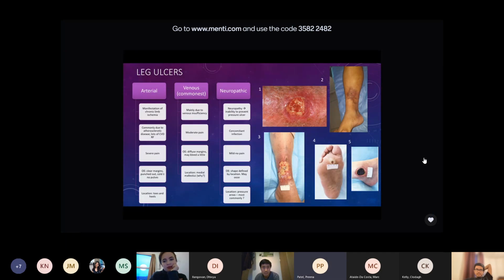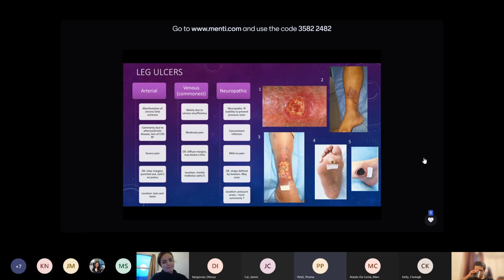Okay, so this is quite a heavy slide, but I'm basically going to talk you through the different types of leg ulcers that you can have. You can have arterial ones, venous ones, and neuropathic ones. The venous ones are the most common, and they are basically due to venous insufficiency. There are loads of different causes of venous insufficiency, and when we send out the slides, I put quite a lot of information in the notes about it.